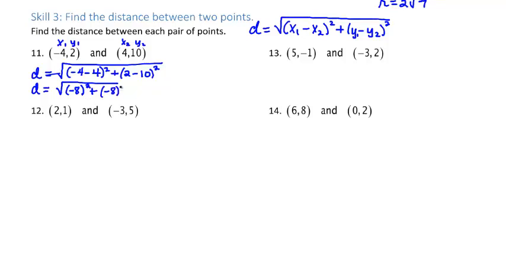So all that's in the radical. This simplifies to be the square root of 64 plus 64 when we square those values. Now understand the square root of 64 plus 64 is really 2 times 64. So it's 128, but if we think of that as the square root of 64 times 2, it will simplify to be 8 square root of 2.